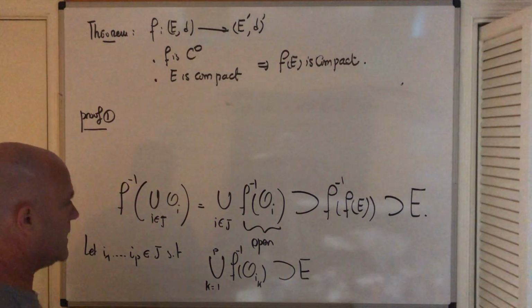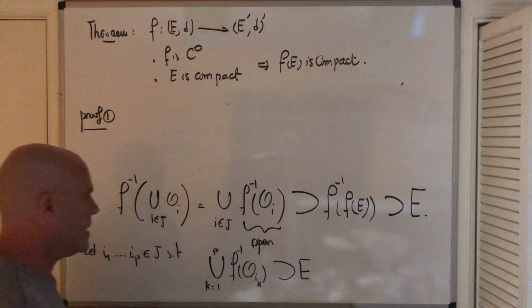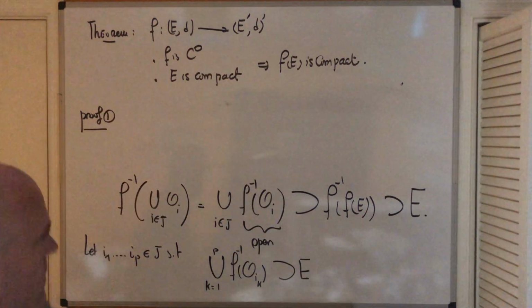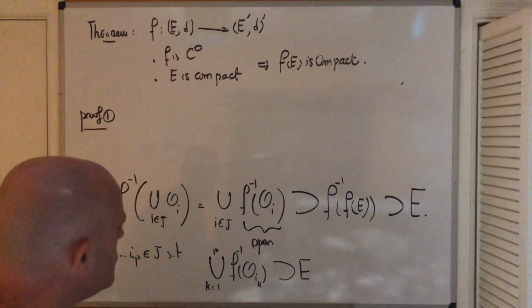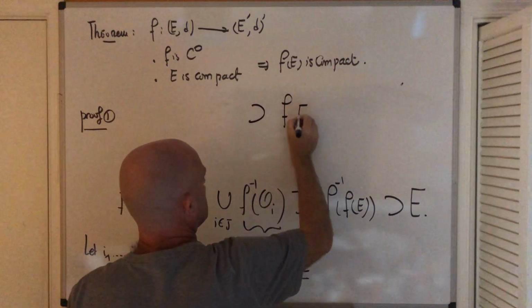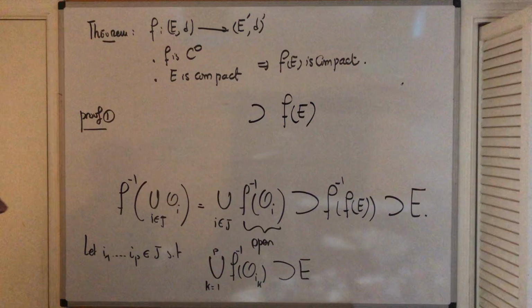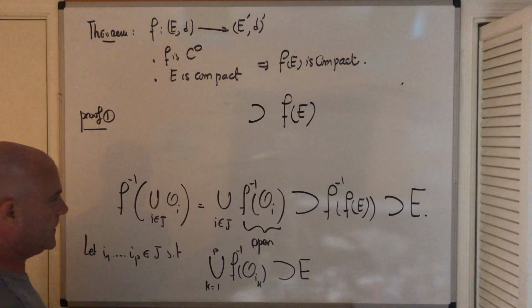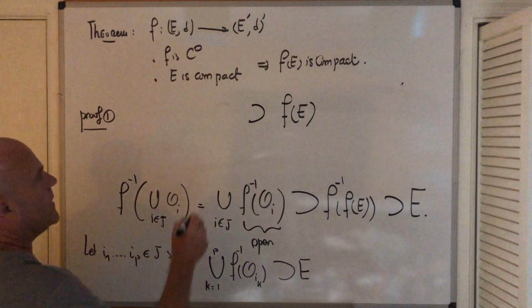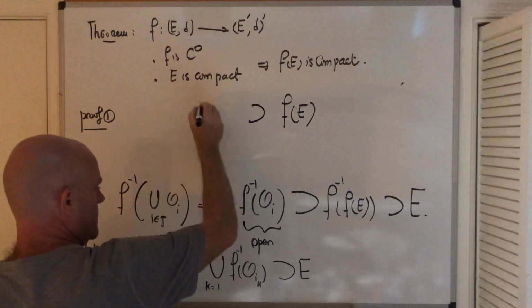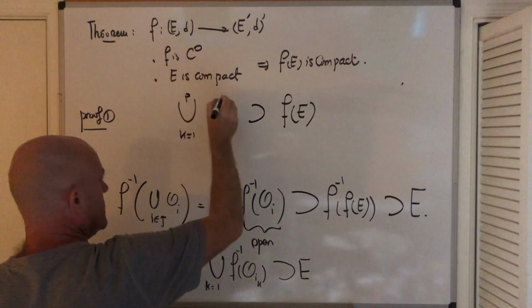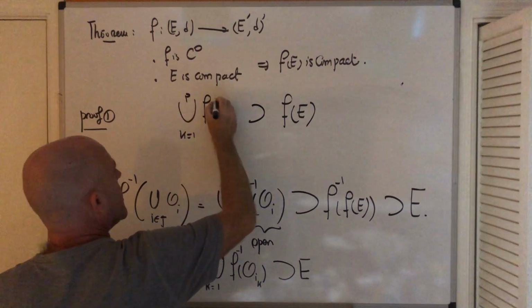Alright, so I claim that if this is true, what do we have? We do have f of E is included in the union for k equal 1 to p of f of f.